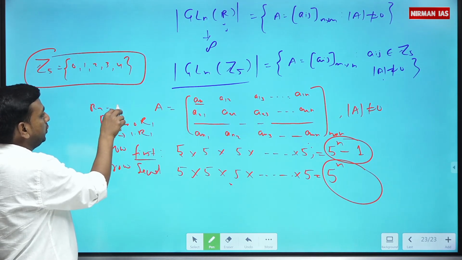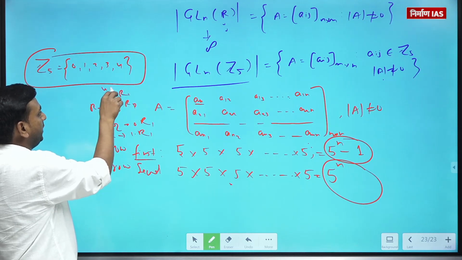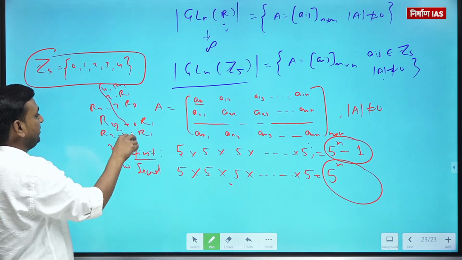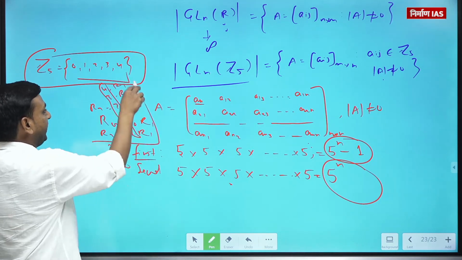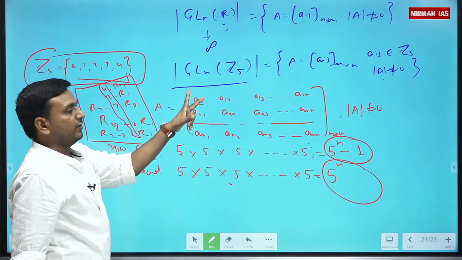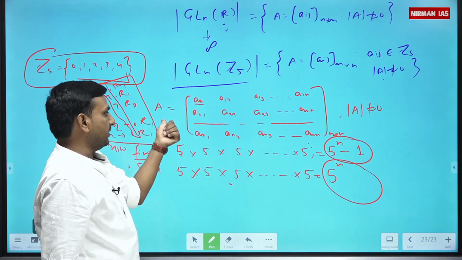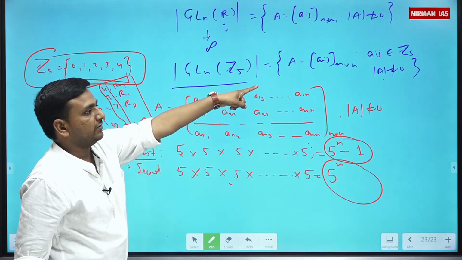R2 can be 2 into R1, 3 into R1, 4 into R1. क्योंकि इतना ही तो choices है मेरे पास, 0, 1, 2, 3, 4. Means in these 5 cases, these two rows will become multiples of each other, and in that case the determinant will be 0, so that element will not be inside this GLn(Z5).